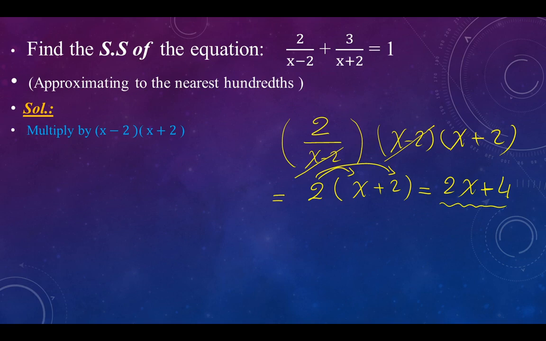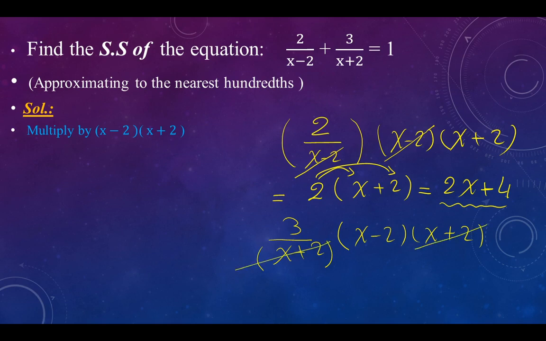Again, we multiply 3 over x plus 2 by x minus 2 and x plus 2. Here x plus 2 in the denominator will cancel x plus 2, so the remainder will be 3 multiplied by x minus 2.